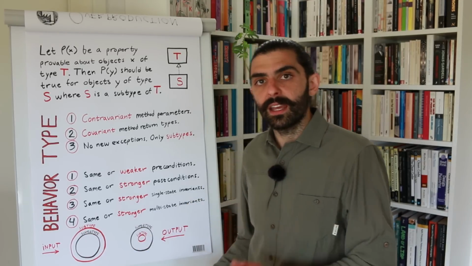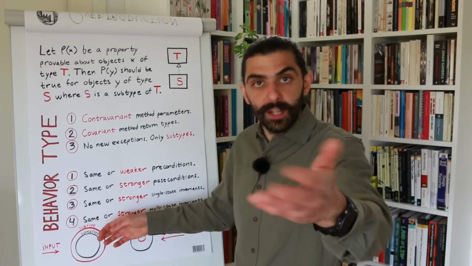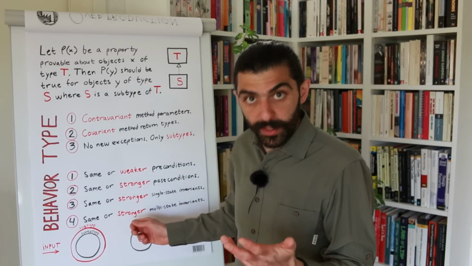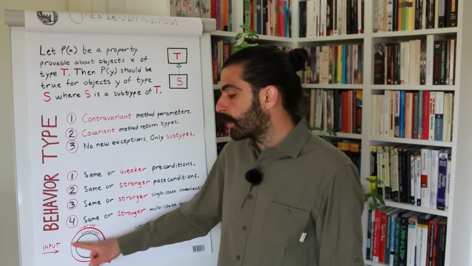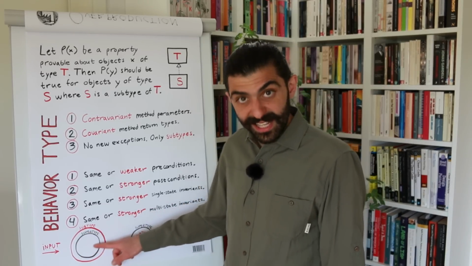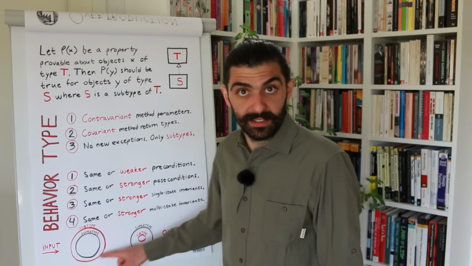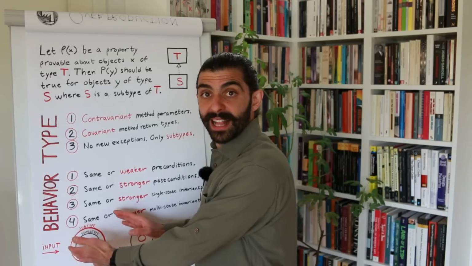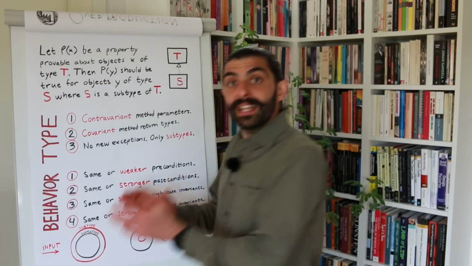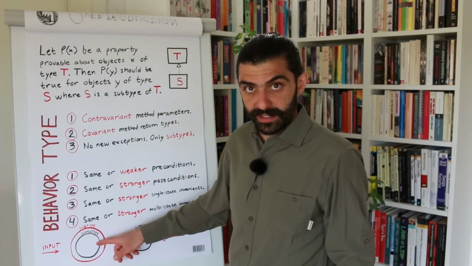And then we are saying, for the subtype to be a valid subtype of this supertype, in other words, if we're going to follow the Robustness Principle, the instance method in this subtype needs to accept either what the supertype is accepting or more. A bigger set, a superset. Notice how the set of possible values that the subtype can accept is bigger than the set of possible values that the supertype accepts.